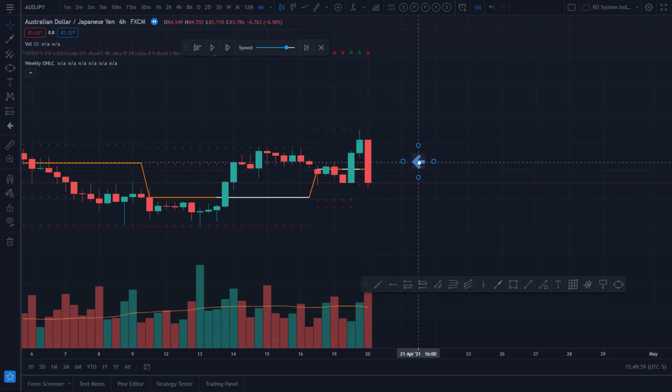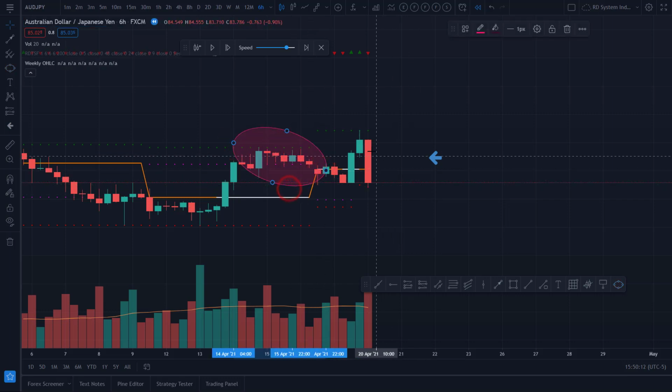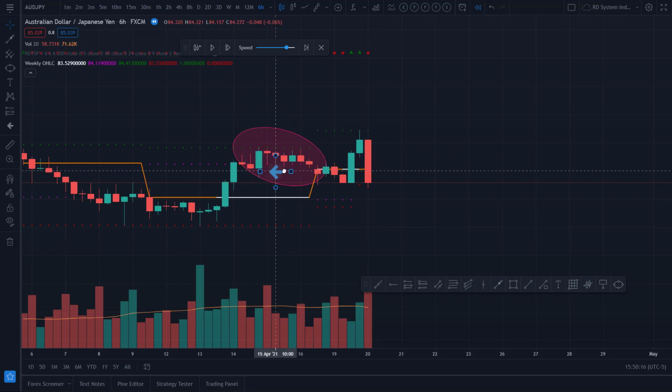I'm going to also add another element to this. What else did it take out? And I'm going to explain this in further detail on the next candle. But you should be looking at this and say this candle here took out this whole range here. I'll explain this in a little bit better context in a candle that follows this. But that's the other thing you should be seeing.